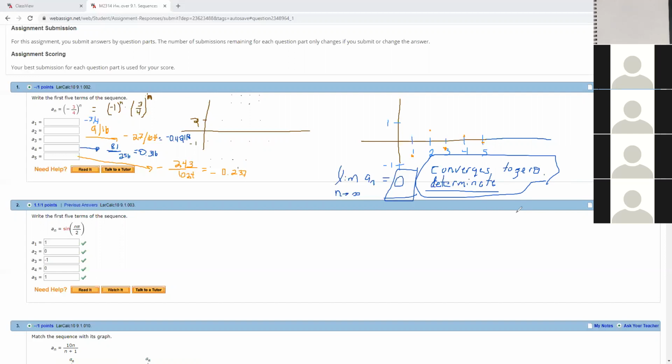So I hope that makes sense. Any questions here? Okay, so you could put those terms in easily enough and check it. Let's go on.